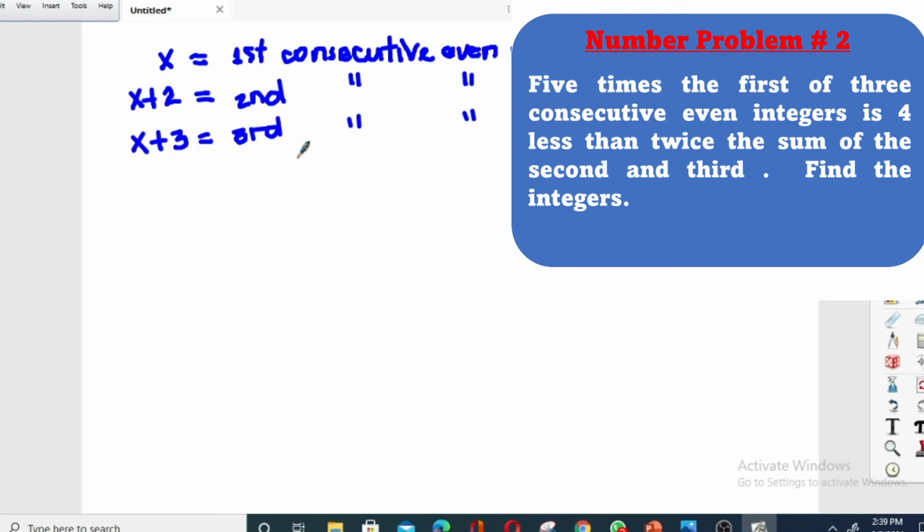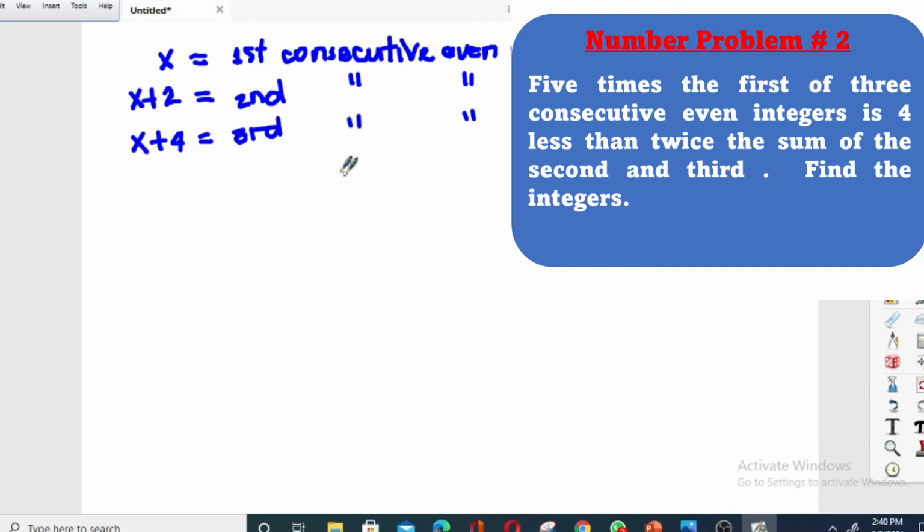Because since we are talking about consecutive, it's a series of even numbers. The first even consecutive integer is x. And then x plus 2, this is even, and then x plus 4, and the next, if the problem requires us to get the fourth consecutive even, that will be x plus 6.